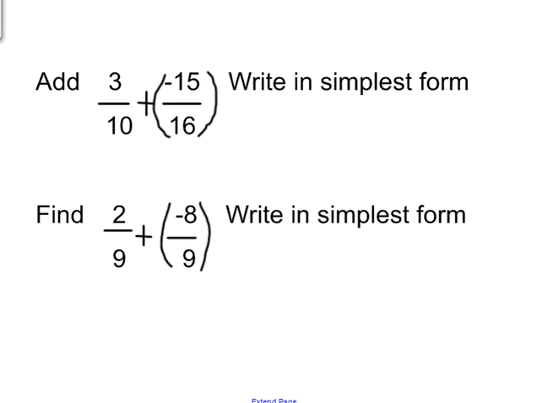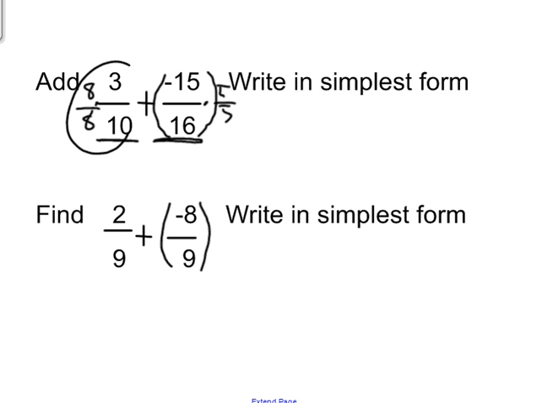We have 3/10 plus a negative 15/16. Hang on a second. We do not have common denominators here, so these are not like fractions. I have to change them so they're in like fractions, which means I have to find a common multiple of 10 and 16. I think they would both go into the number 80, so I'm going to take this fraction times 8 over 8, and I'm going to multiply this fraction times 5 over 5.